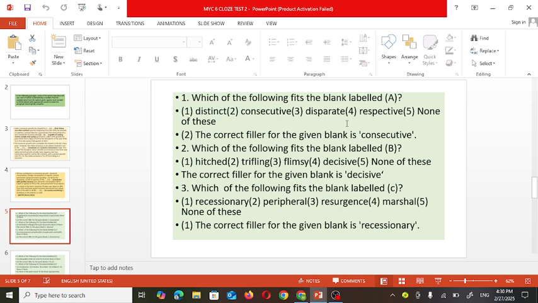Then respective means, for example, you require to inform your respective parents, means everyone has their own parents. You should go and sit at your respective places, means which are already allocated to you. So these are the meanings of these words.